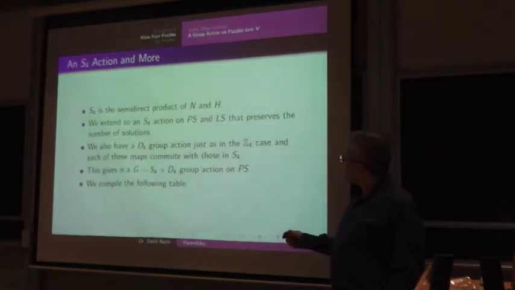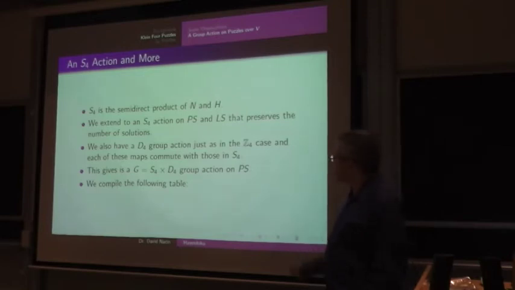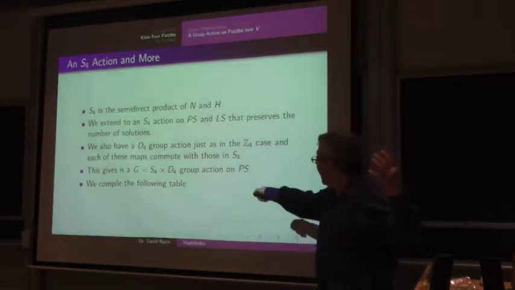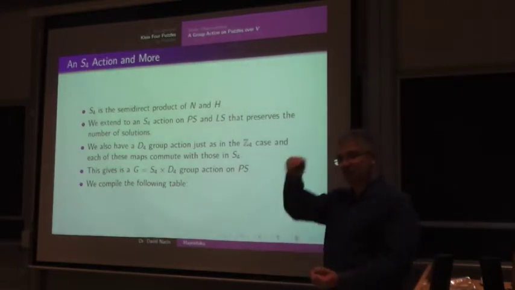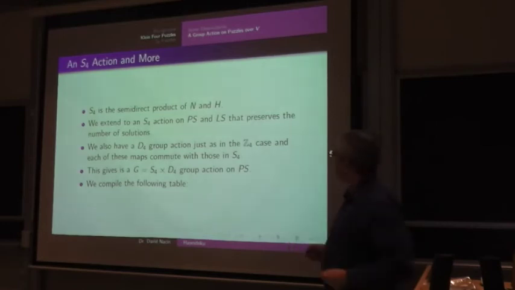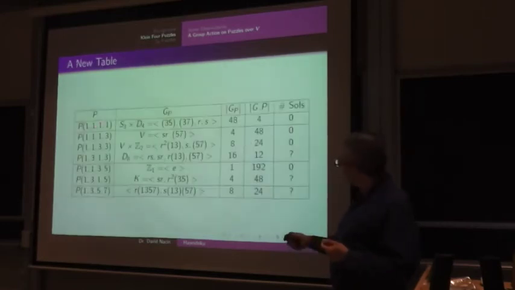And then it turns out that S4 is the semidirect product of N and H, or you could just think about it as N and H generating all of S4, so we can extend this to the S4 action. So we have a much bigger group action, and we have the dihedral group still. We can still rotate, we can still reflect, so we end up with a very large group acting on our puzzles. And that breaks everything down to these orbits.